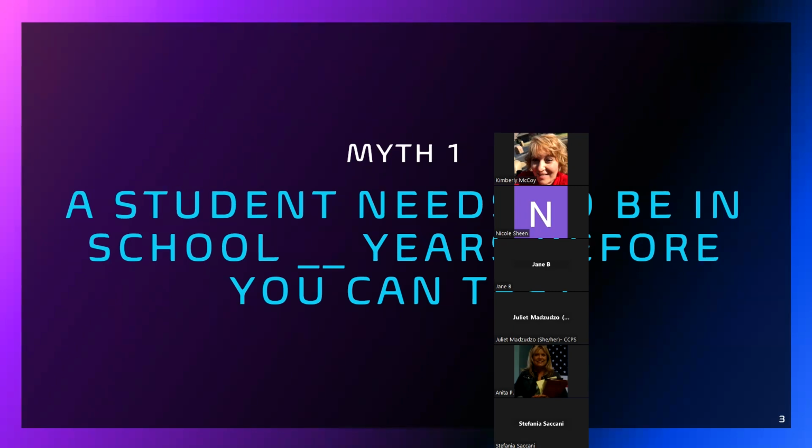Now, I think it comes from good intention, right? We want to make sure we are giving students time to adjust. We want to make sure that we are giving them time to just wrap their heads around being in a different country and working in a different language and being in a school system they haven't experienced before, and just give them a little while to show us their best, right?